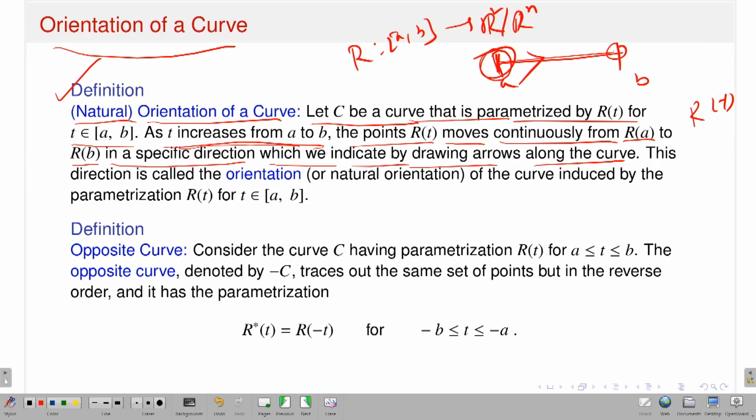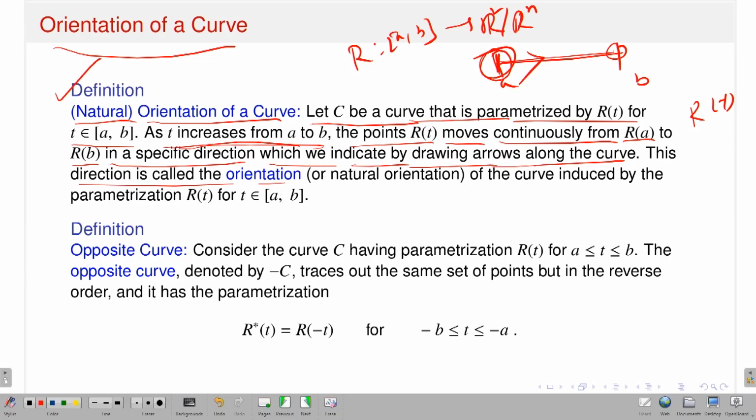I have a curve in R2 or Rn, and a parameterization capital R with domain the closed interval [a, b]. If I vary t starting from a towards b, then the corresponding values R of t vary continuously on my curve in a specific direction, which we indicate by drawing arrows along the curve.